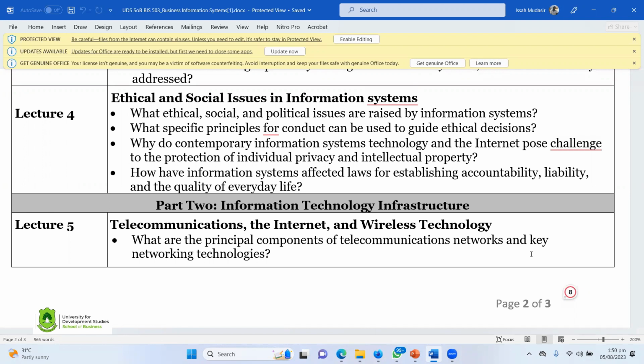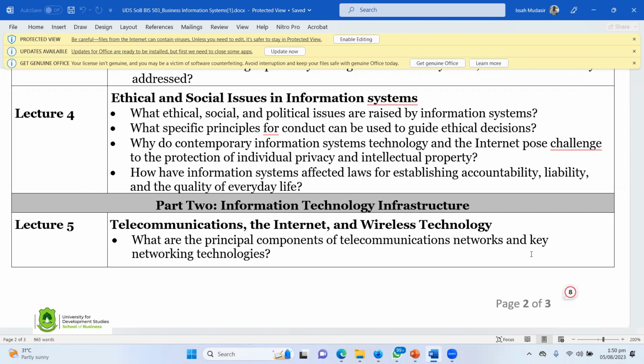So I always say that when I give you my phone to look at a picture, don't scroll or swipe. Just look at it, nice picture, and give it back to me. Because when you do that, when you swipe or scroll, it raises what? Ethical issues. Information systems also raise social issues at our individual level, or even at organizational level.